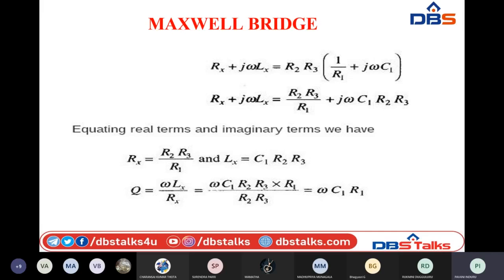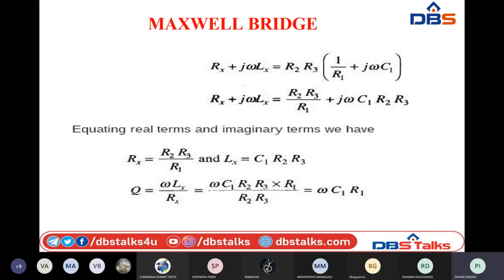Now, how are we able to determine the unknown values Rx and Lx? By equating the real terms with the real terms and the imaginary terms with the imaginary terms. The real part on the left hand side is nothing but Rx. On the right hand side we have R2, R3 by R1.